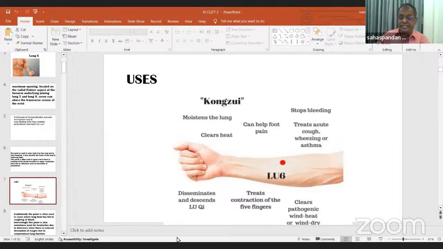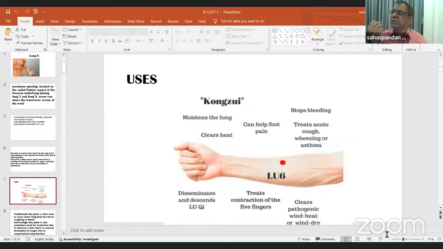And dissemination and descent of lung qi. At this point, treat contraction of the five fingers. Some patients come and tell the doctor, can you treat my fingers, which are contracted?